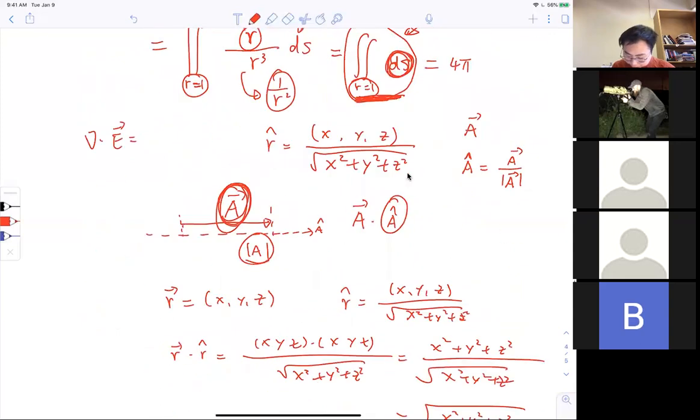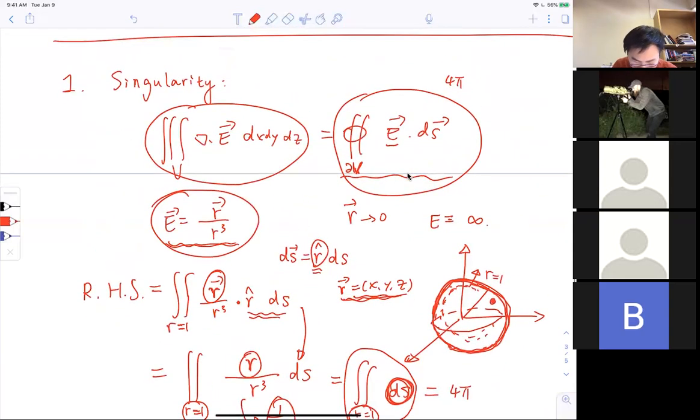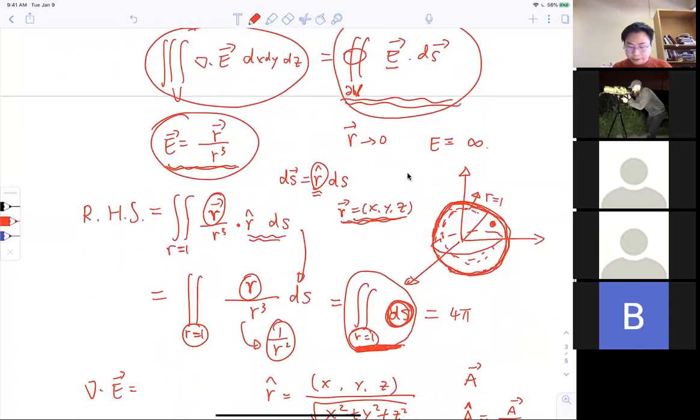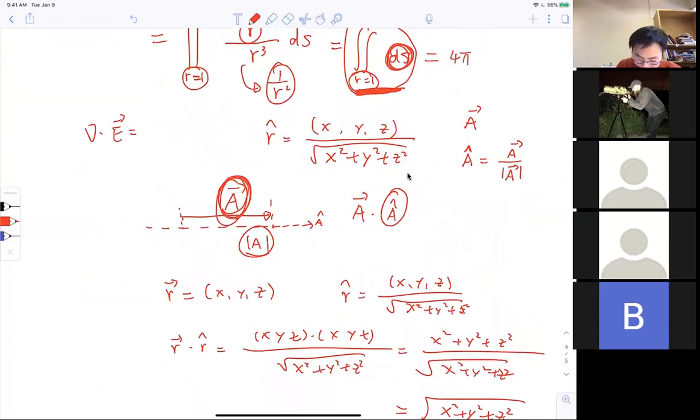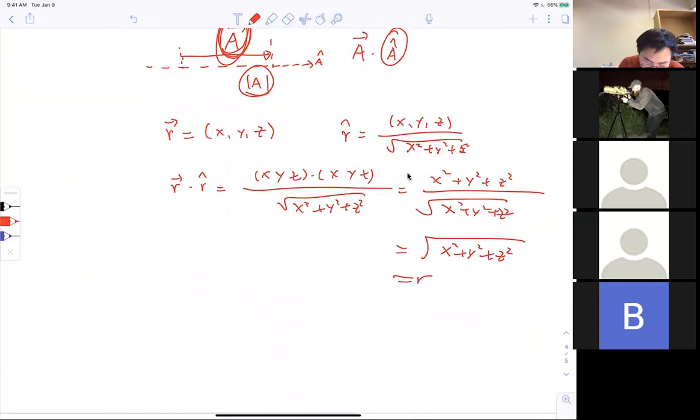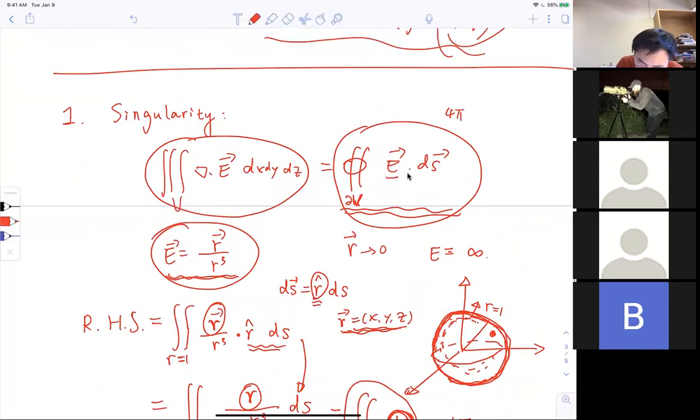So this is what I'm trying to say: the right hand side is 4 pi through this kind of calculation. And how about the left hand side? We only need to calculate this del E first.